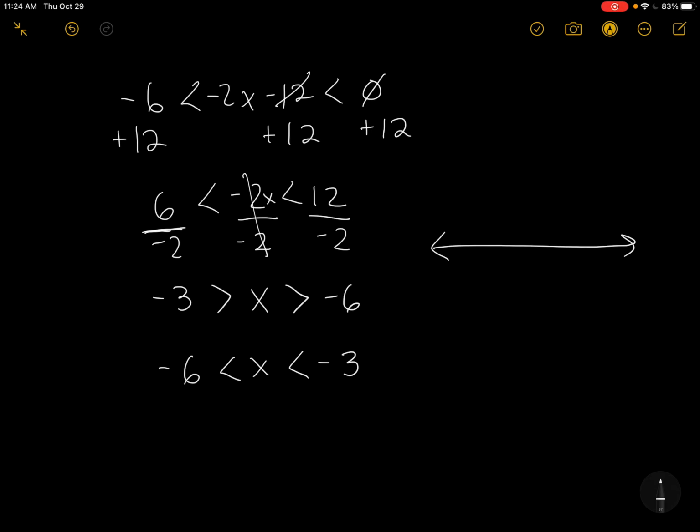And if it helps, it's easier to visualize that way if you always put the smaller number on the left and the bigger number on the right. 1, 2, 3, 4, 5, 6. So we've got -3, -6. It is less than -3, greater than -6.